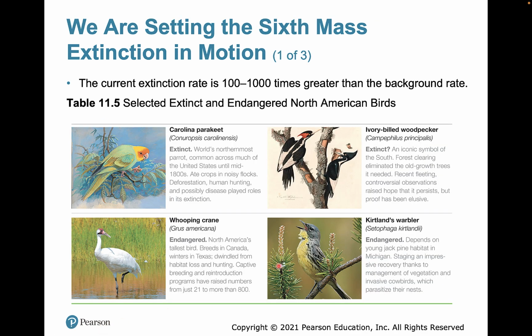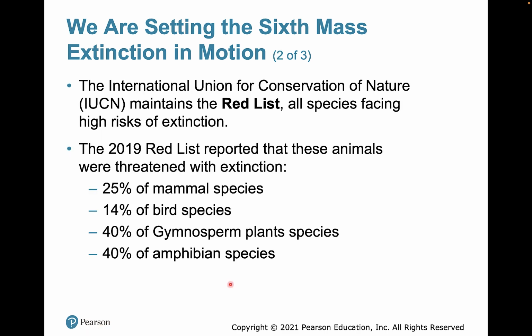So these are some of the extinct or endangered birds in North America. Currently, our extinction rate is 100 to 1,000 times greater than that background rate. The IUCN maintains a red list, and this is what the most current IUCN red list has on it.